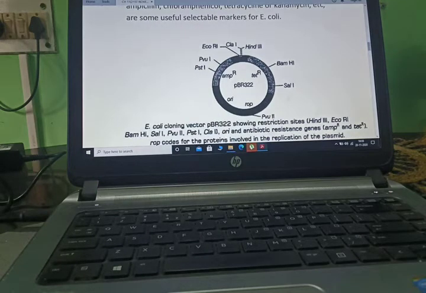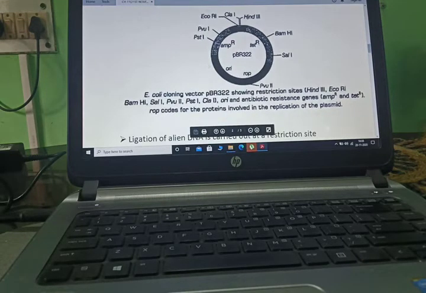Now you can see the restriction sites EcoRI, BamHI, SalI, PvuII, PstI and others. This is the cloning vector pBR322 and it is showing the restriction sites. These all are restriction sites.